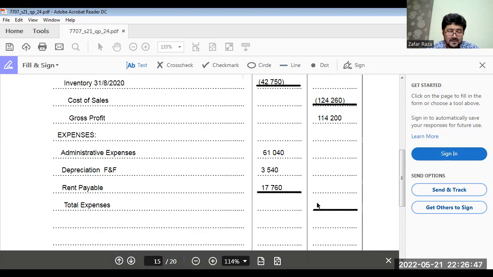That's 3540. That's 340. 82,000. Now, gross profit minus expenses will give us profit from operations. How much? 31,860 is our profit.